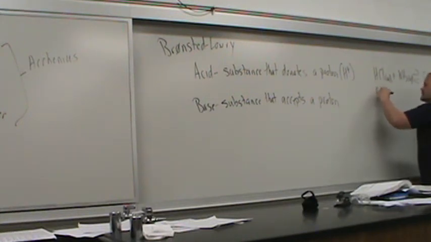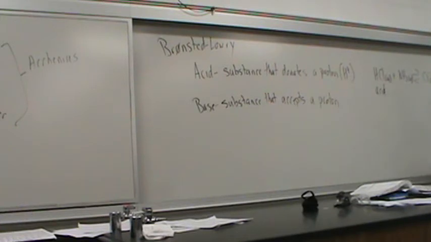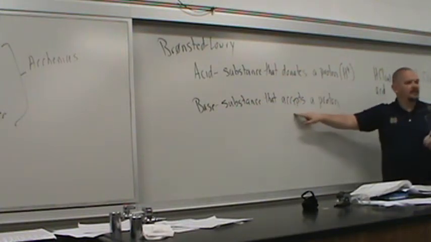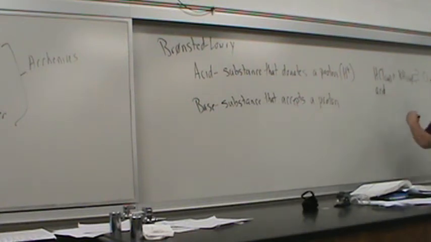So HCl is our acid. Now if we look at ammonia, NH3 on the left-hand side, on the right-hand side we have NH4 with a +1 charge. So it has accepted the proton, so it is a base.